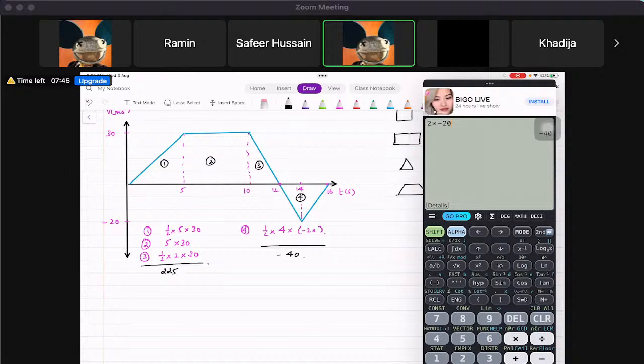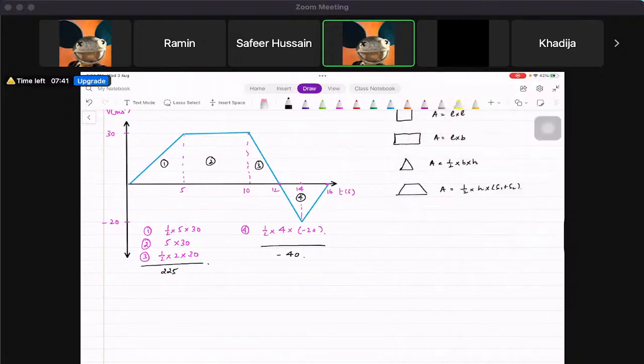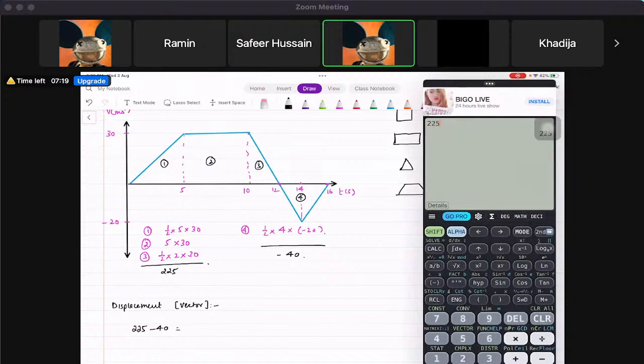Now let's look at it. If they say find the displacement, because displacement is a vector, we're going to add them up keeping the signs. So displacement will be 225 minus 40, which is 185 meters.